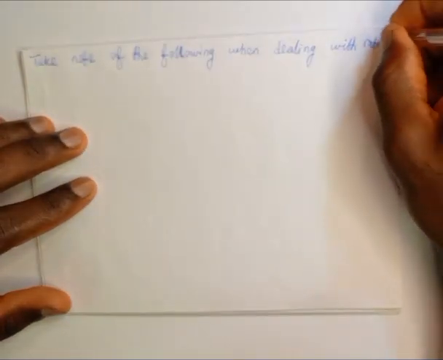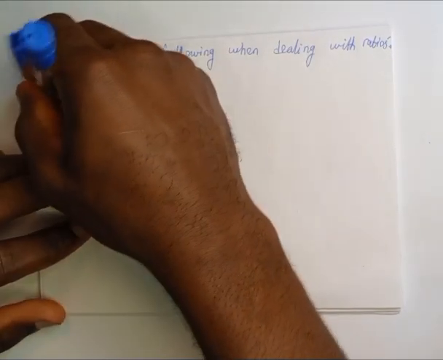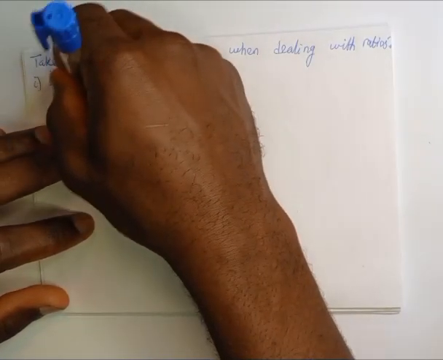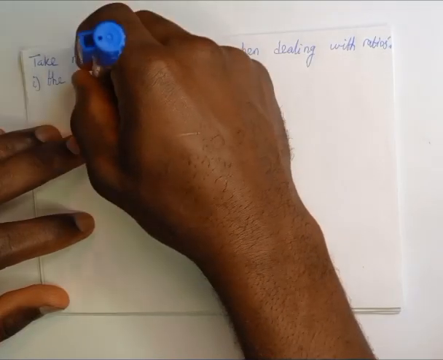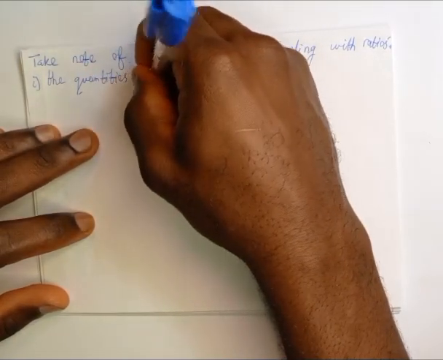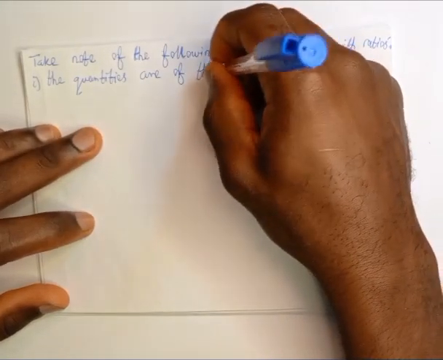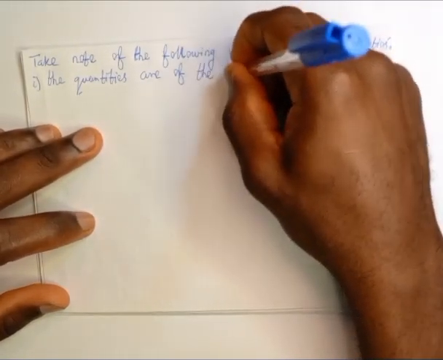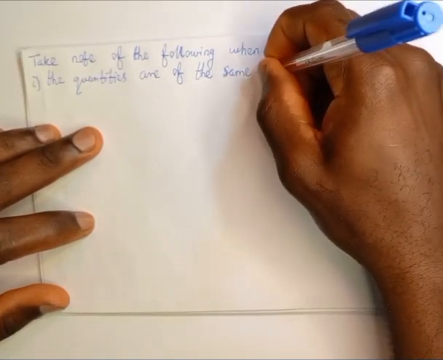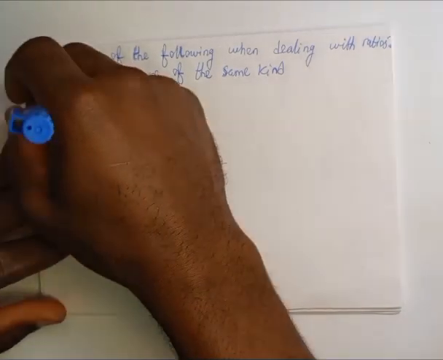The first one, the quantities are of the same kind. So we only take ratios of quantities of the same kind.